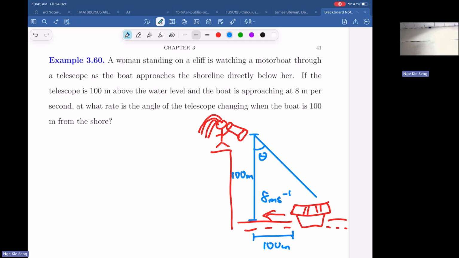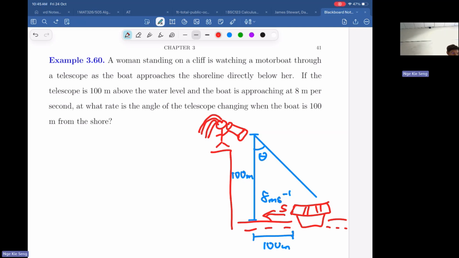So you could imagine that when the boat is moving, approaching the cliff, your telescope should bring a bit downward, depending on the rate. So let's set up the problem. Let's say that this displacement here, this changing variable, is s, and then the changing angle is theta.